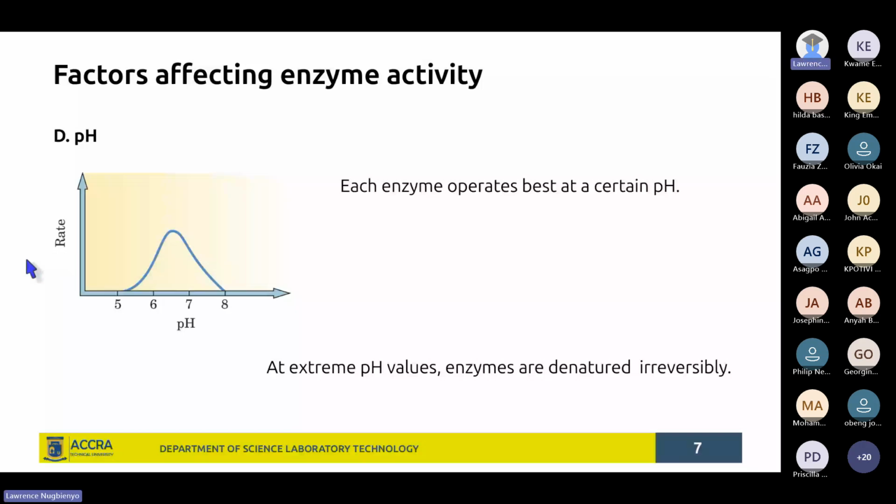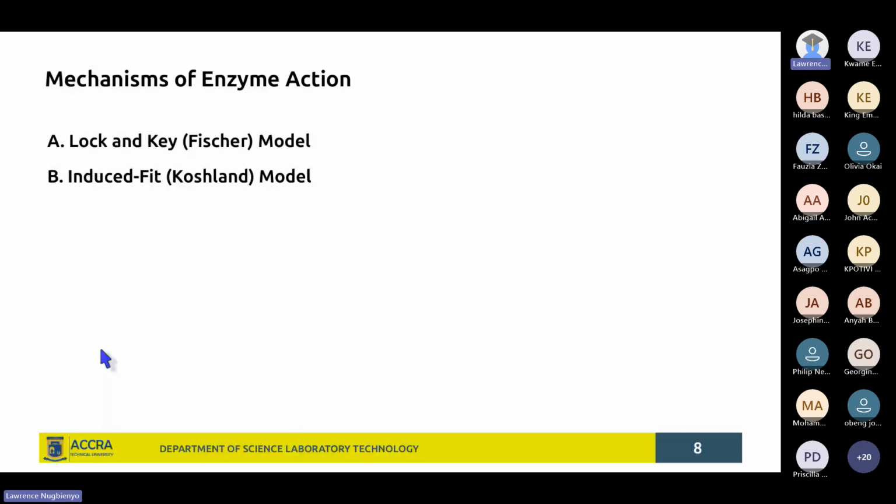So those are practical applications. I think along the line, maybe in the next lecture or two, we'll see some of these practical applications. All right. Now let's take mechanisms of action of enzymes.